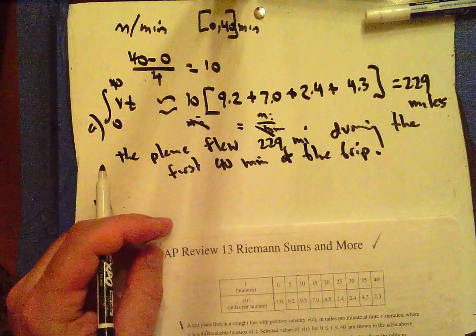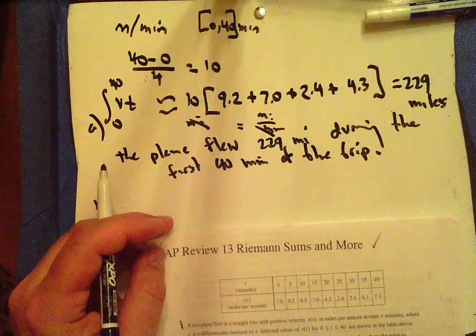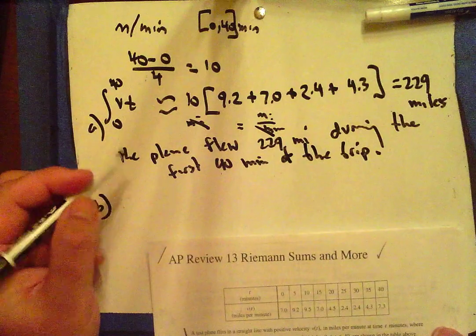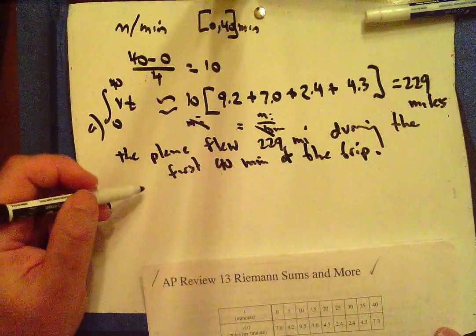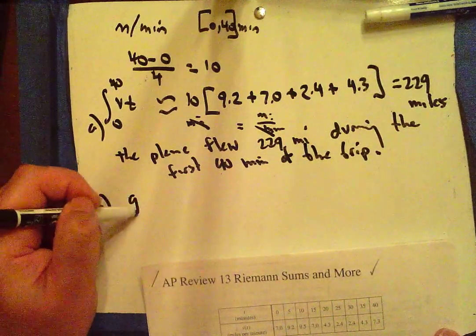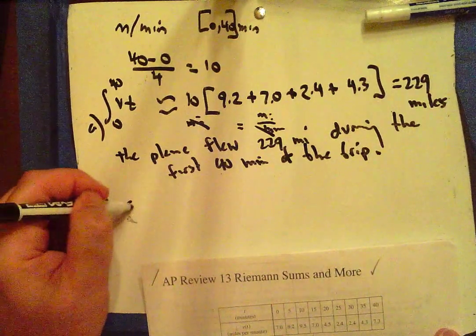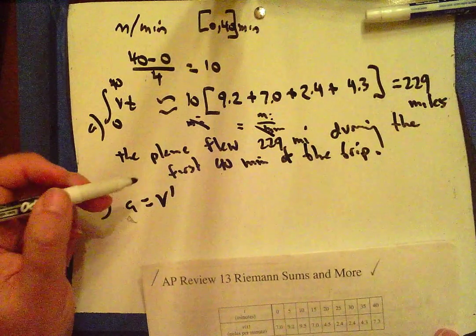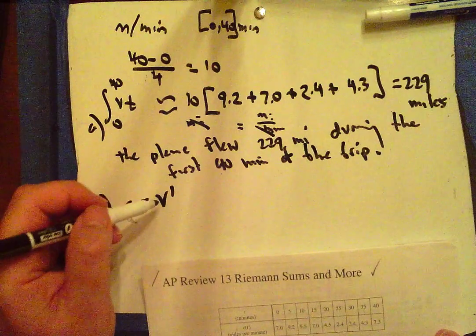B says, based on the values in the table, what's the smallest number of instances when acceleration could be equal to 0 on the open interval? Okay, so we know that acceleration equals v prime. And so we're talking about the slopes of v here.